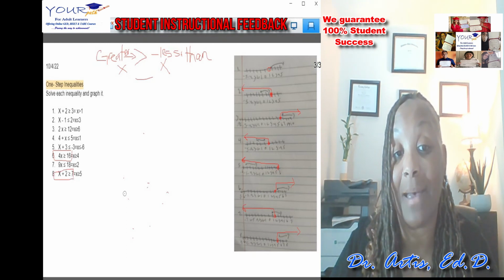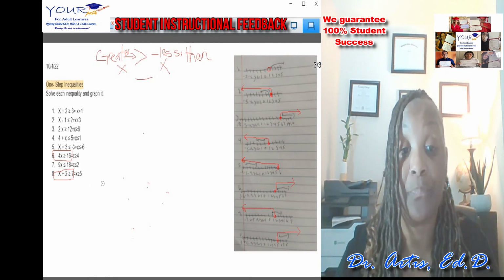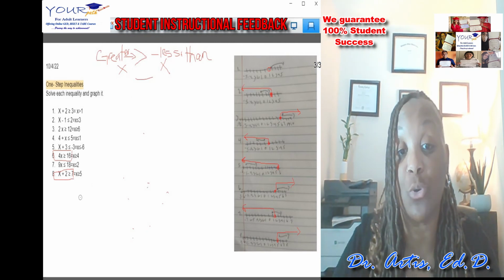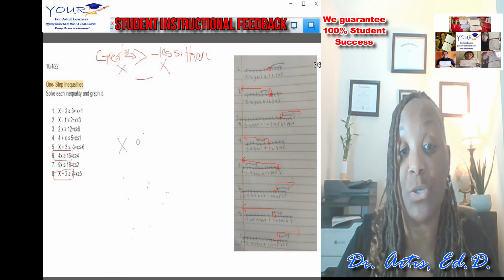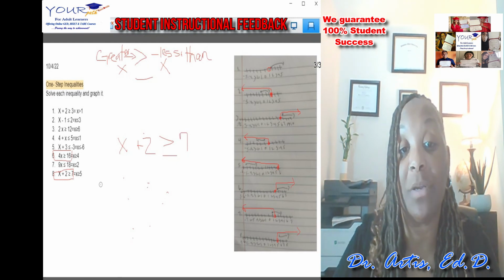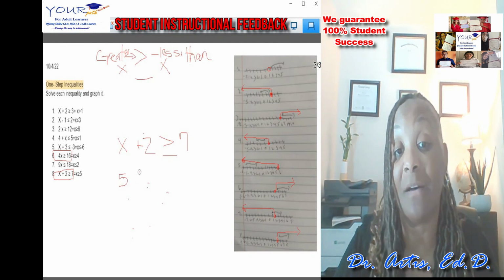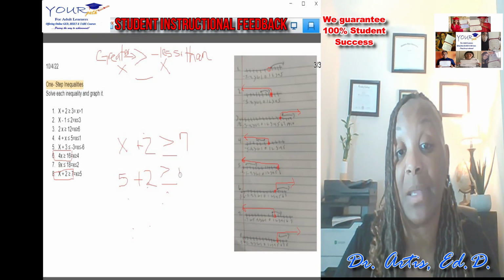Okay? Now, we can check this to make sure that it is correct. If we take any value of x that's 5 or greater, then this should be a true statement. X plus 2 is greater than or equal to 7. If I put 5 in the place of x, because x can be equal to 5, then this statement is true.